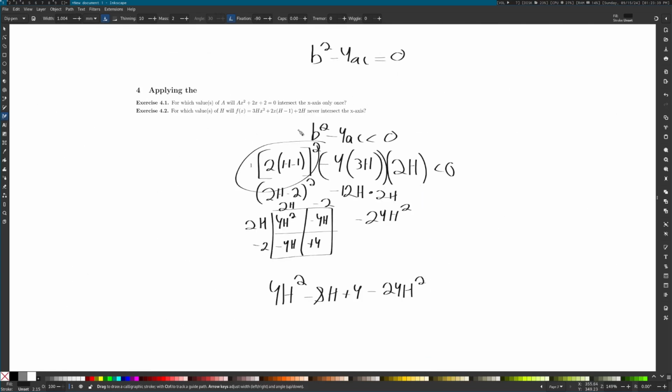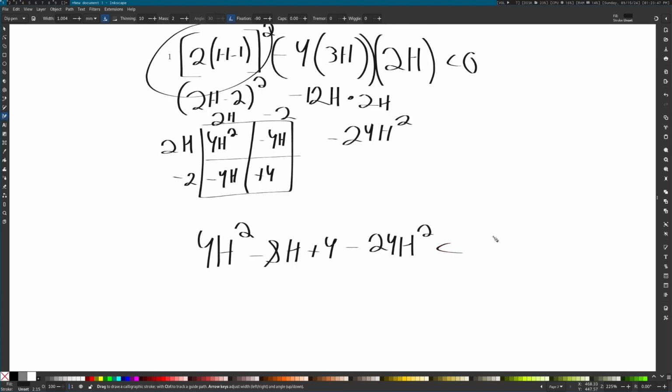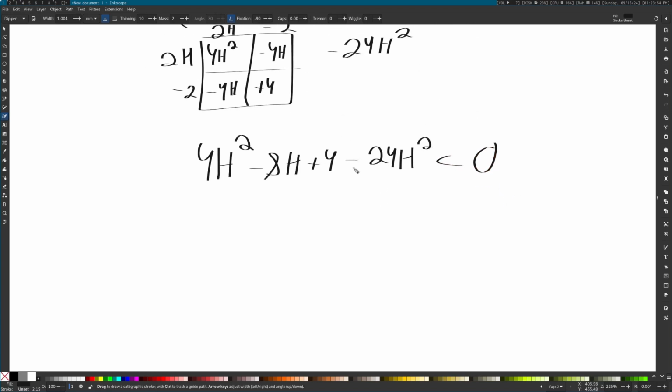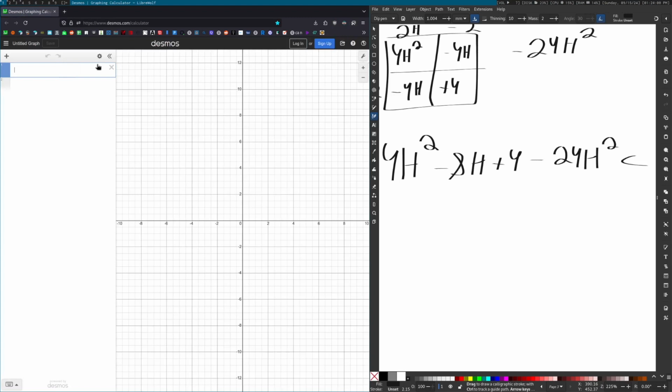Just making sure I didn't skip any terms. Okay. And this is less than 0. At this point, I would put it into a graphing calculator because you don't want to put 24 or 4 into the quadratic formula. Okay, so change into an x because the calculator understands that better. Minus 8x plus 4 minus 24x squared.